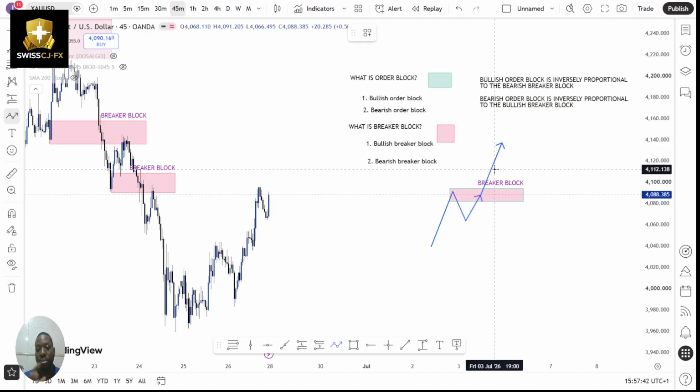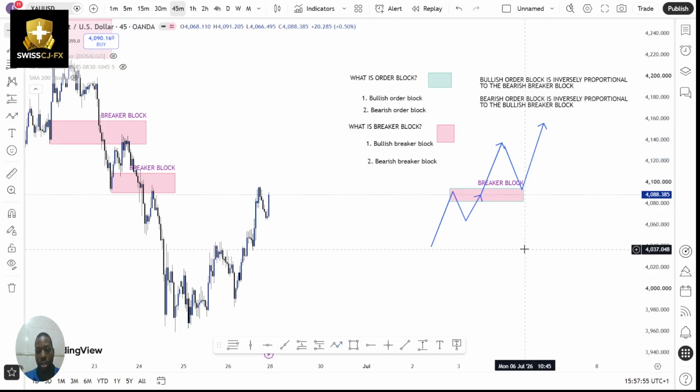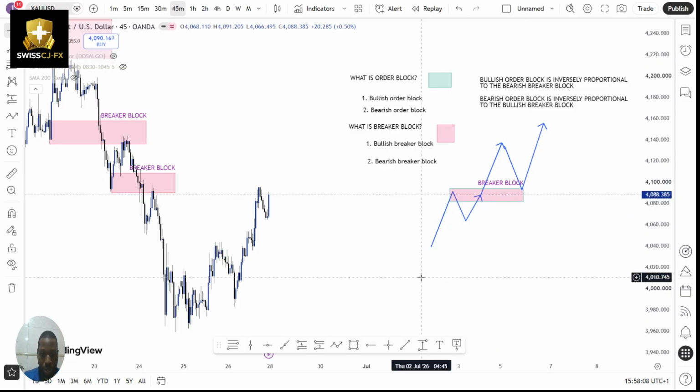So it is believed that when you see a breaker block, price actually returns back to the breaker block, then finally moves to the right direction, right? So this is actually what they call a bullish breaker block, and it happens when a bearish order block fails.